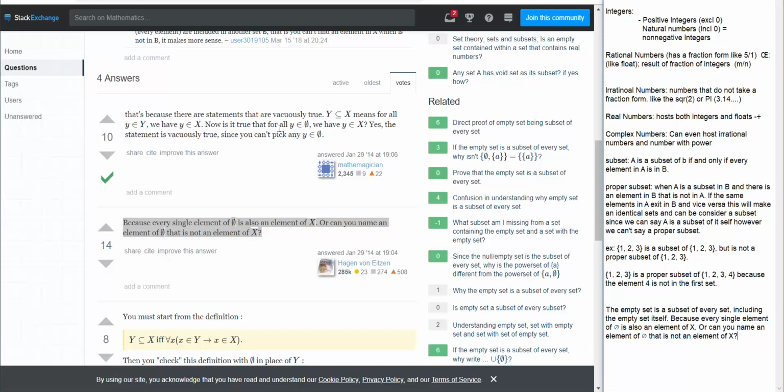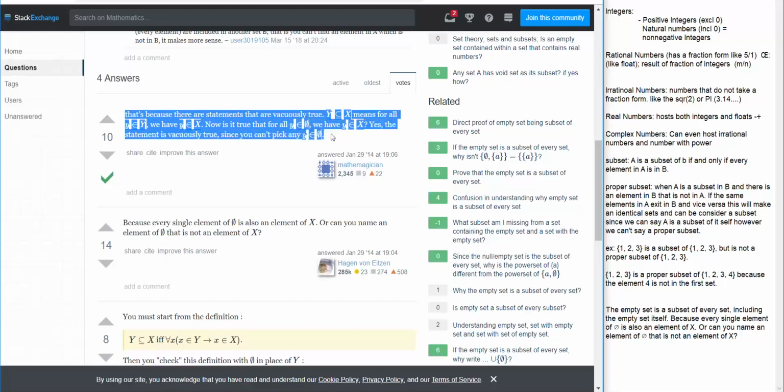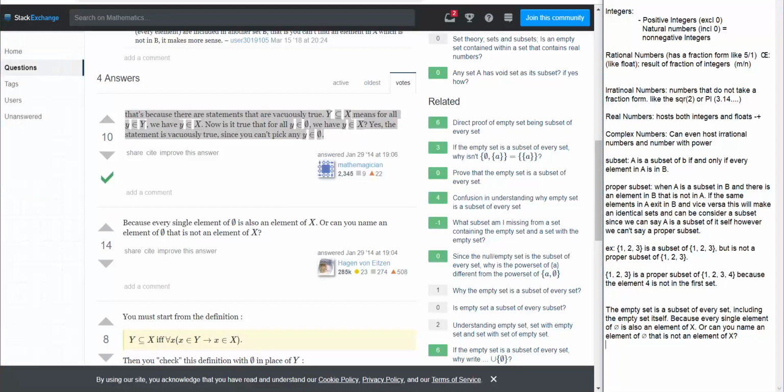Now, it is true that for all Y that belongs to the empty list, if Y belongs to the empty list, then we have Y belongs to the superset. This is very true. Now, you can't pick any Y. I like this, this is also very nice. Surprisingly, it did work. The symbols did work.